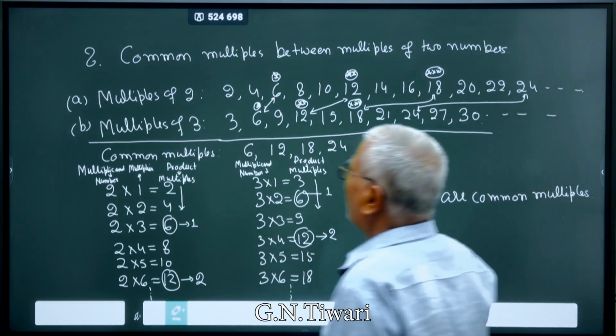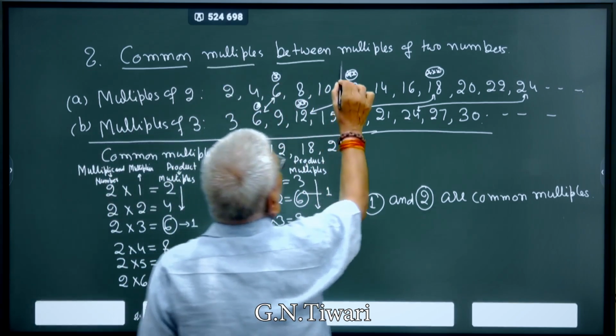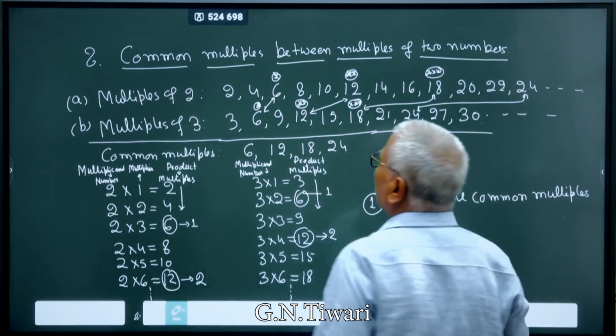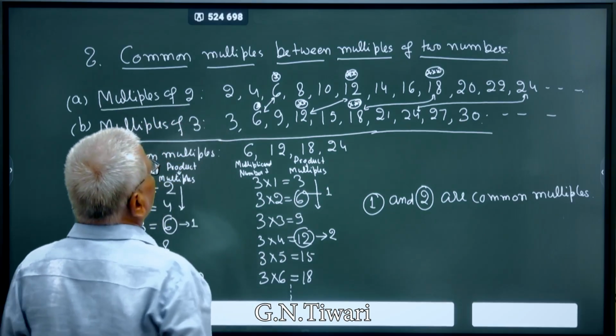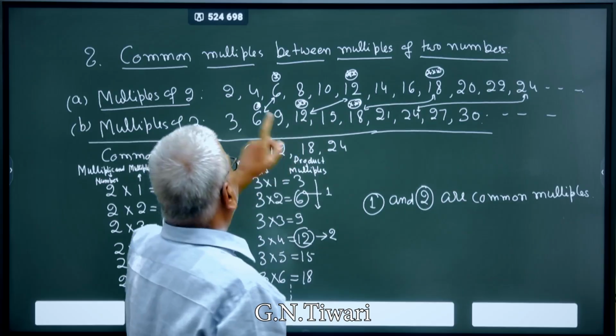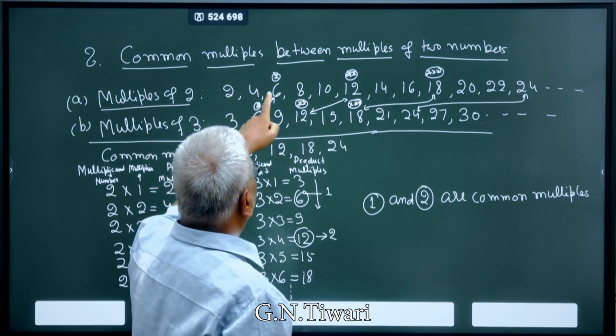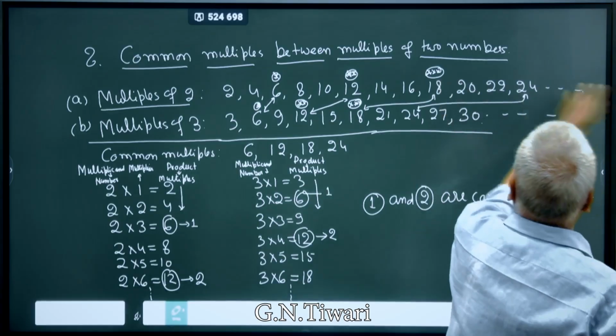6. Now, what is the meaning of common multiples? Between multiples of two numbers. I am just giving an example. What are the multiples of 2? Multiples of 2 are equal to the table of 2. It goes up to a very large number. 2 1 is 2, 2 2 is 4, 2 3 is 6, 2 7 is 14, 2 10 is 20. It goes like this.